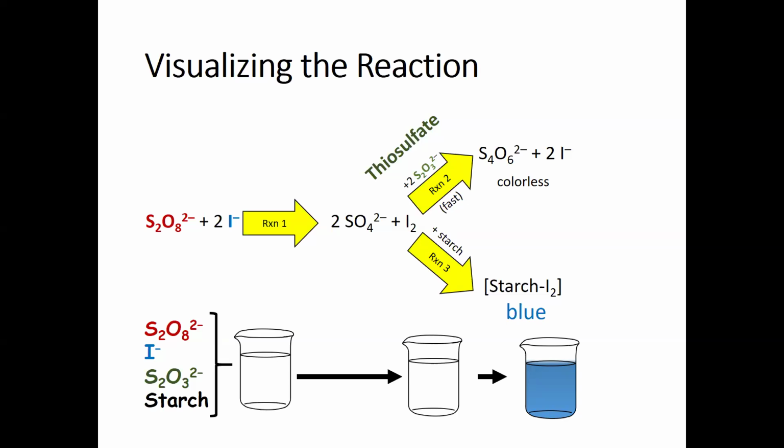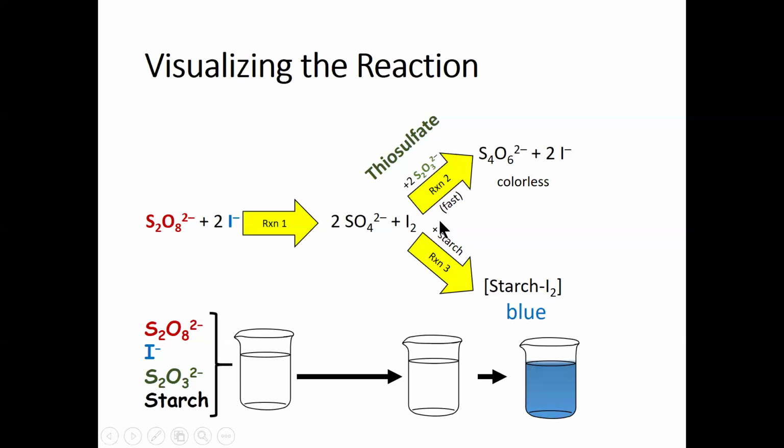From this, we can use stoichiometry to figure out how the concentrations of reactants in reaction one are changing. Because after all, from first semester, we see that two S2O3s has to combine with one iodine.